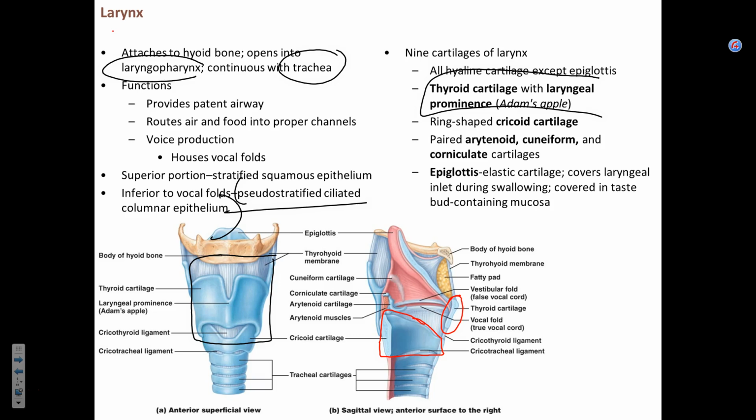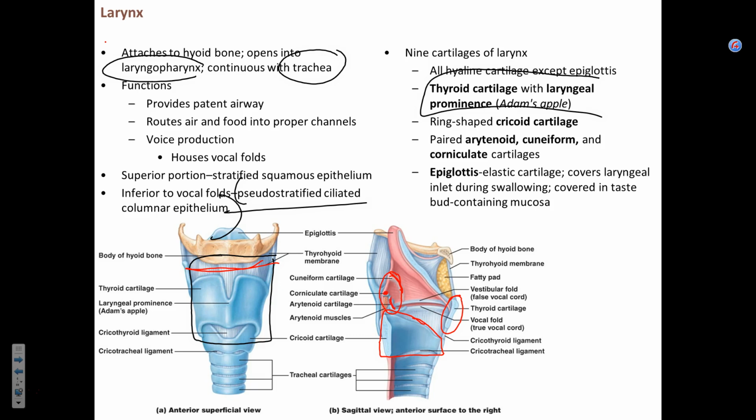A huge portion of the larynx is formed not by the cartilage, but by the membrane, so-called thyrohyoid membrane. And finally, there are paired arytenoid, cuneiform, and corniculate cartilages. Three of them, you can see them here. Cuneiform cartilage, corniculate cartilage, and arytenoid cartilage.